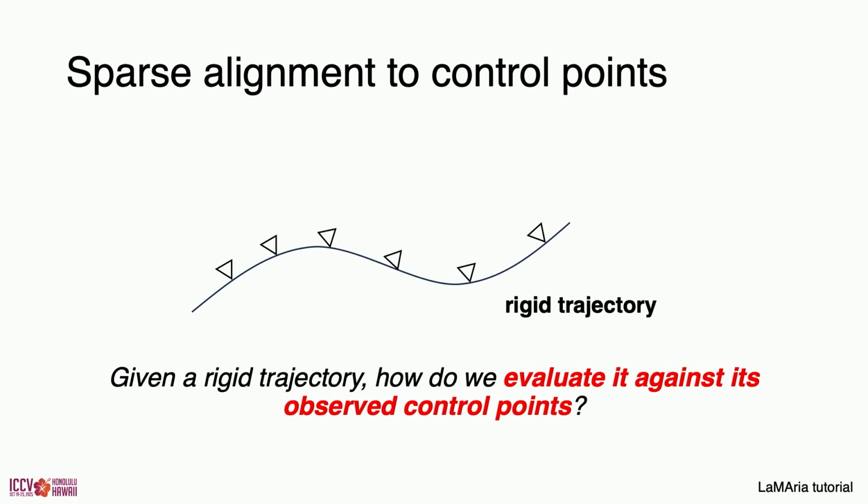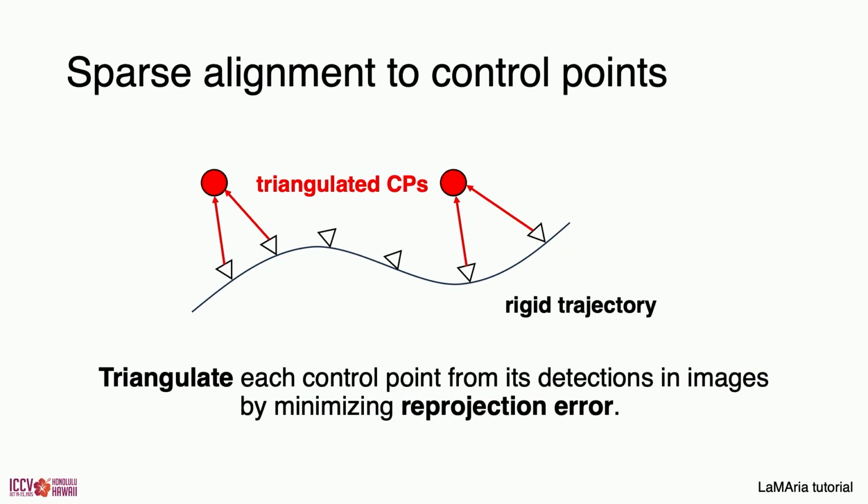What we first do is triangulate each control point from its detections in images, and this is done by minimizing reprojection error. So consider a sequence that has n control points. For each of these control points, we use the 2D detections from the April tag fiducial markers, and we triangulate the 3D position of the control point by minimizing the reprojection error of these detections.